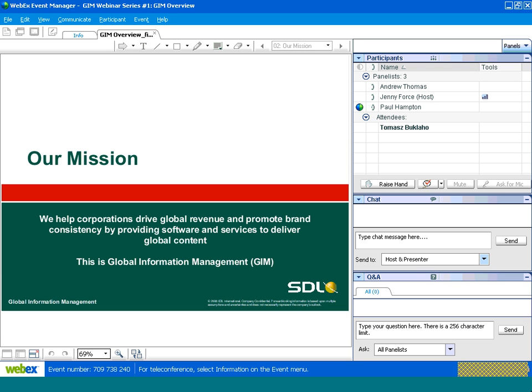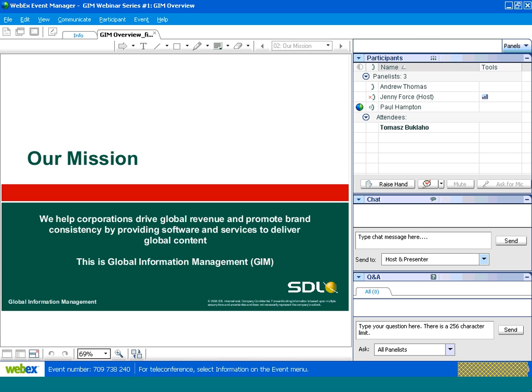As Jenny said, this is the first in a series, and today's presentation is going to give an introduction to global information management. The first slide looks at SDL and covers our mission statement, and I've included it to talk about what SDL do as a company. SDL help companies support their global business.